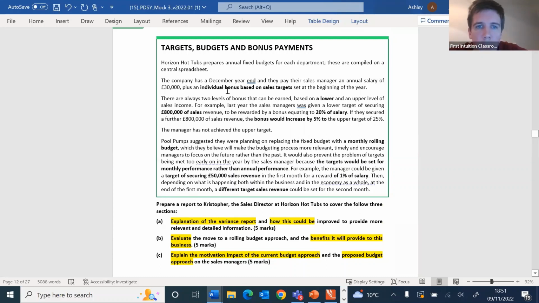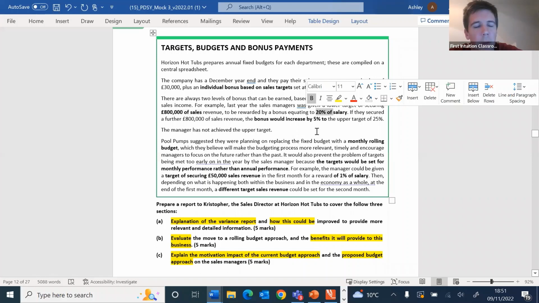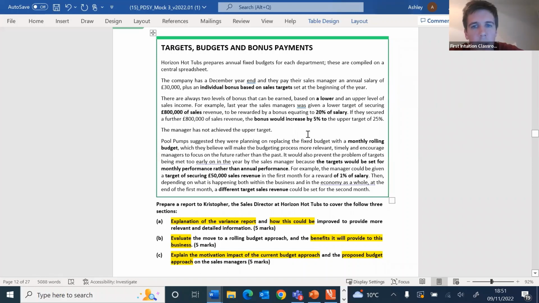So they get a salary, but then a bonus based on sales. And there's a lower level, and last year, 800 grand's worth of revenue generated a 20% bonus. Then what you had to do was generate another 800 grand just to get a 5% bonus. So what kind of issues might this create, do you think?